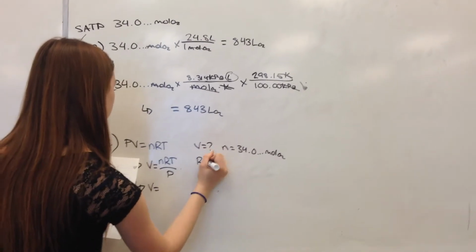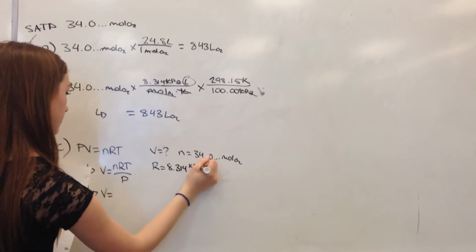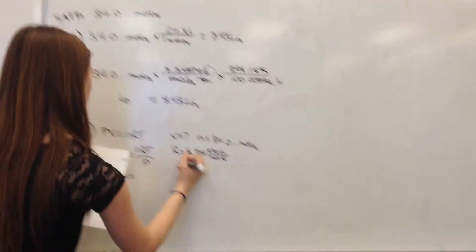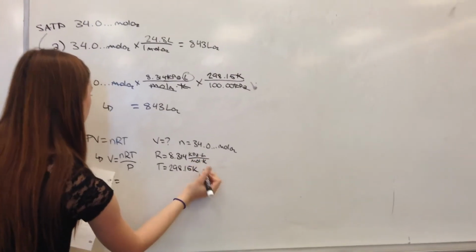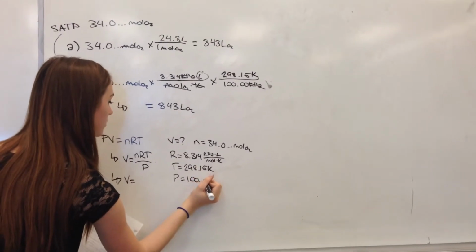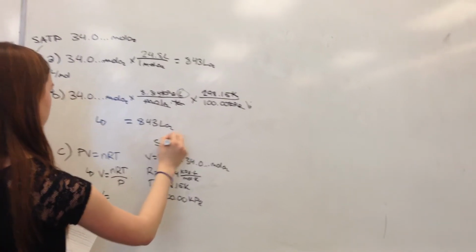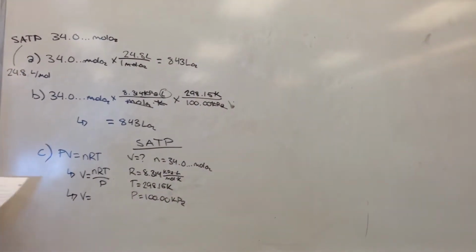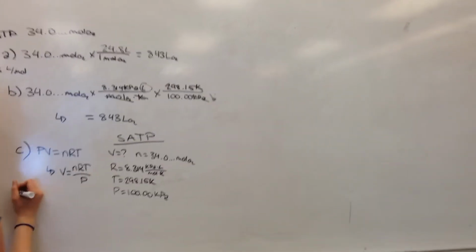And then our ideal gas constant always stays the same. And then temperature. And our pressure. And we know all of these because at the beginning of the question it gave us the information that we have SATP.